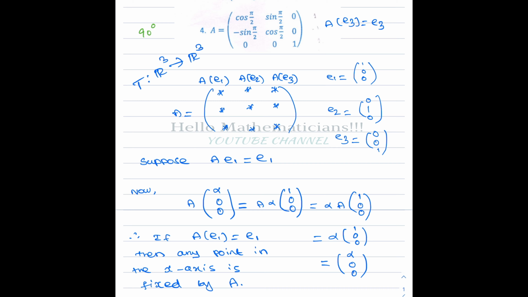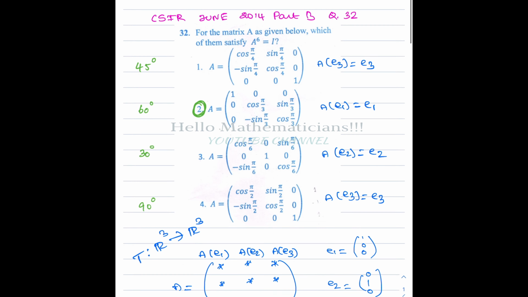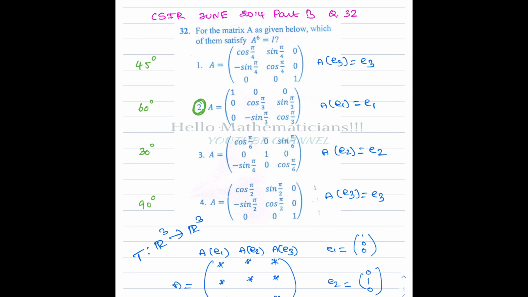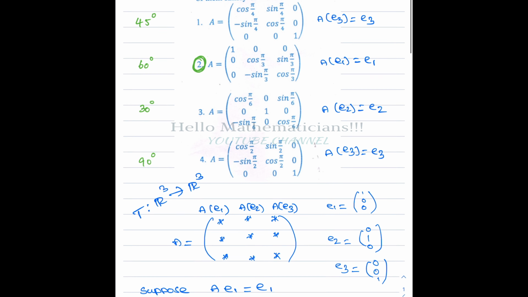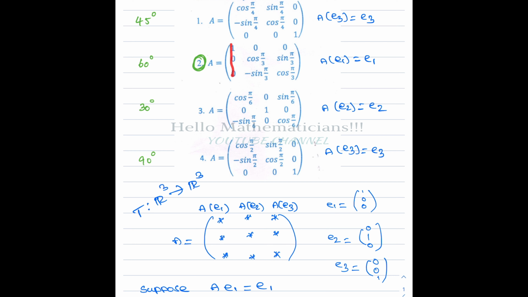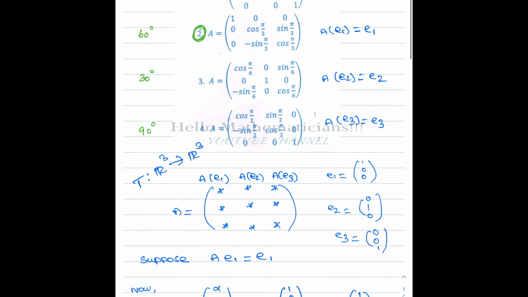Now, in each of the given matrices, the third column is the image of E3, and what is the image of E3? It is again E3, the third basis vector. Therefore, this matrix satisfies A of E3 equal to E3. Similarly, the image of E1 is again E1, so A of E1 equal to E1.